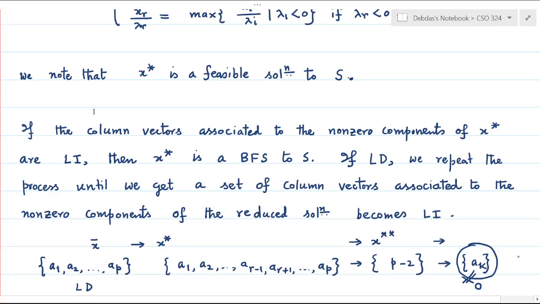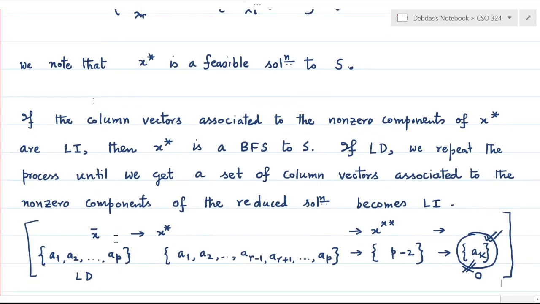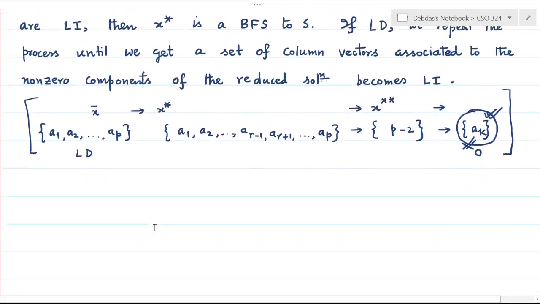In this way, at the end you will reach a position where you have just one vector, and that is a linearly independent set, because a set consisting of a single non-zero vector is linearly independent. So this process of reduction will end up giving a linearly independent set, and then you reach an associated basic feasible solution.